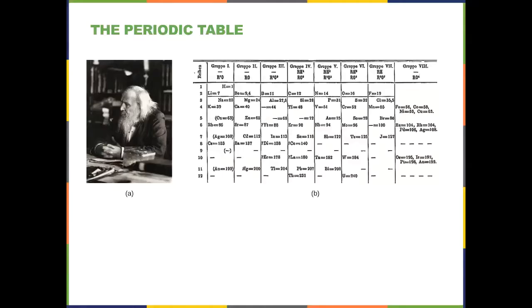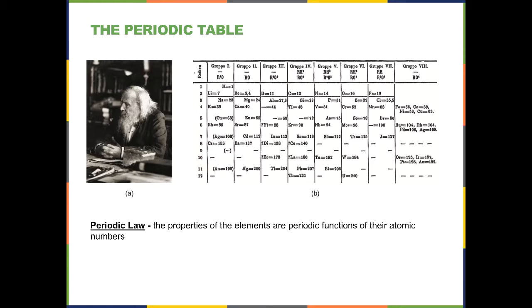This is a picture of Dmitri Mendeleev, and he put together something known as the periodic law. And the periodic law was the idea that the properties of elements are periodic functions of their atomic numbers. And we'll talk about this in greater detail in the future, but he put together this table called the periodic table, which is divided into groups and rows, and showed that elements in the same group tend to have the same types of properties.